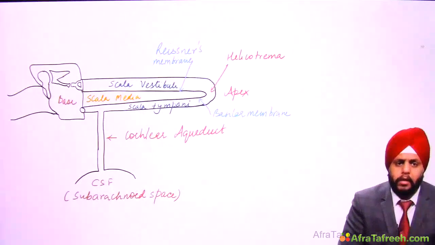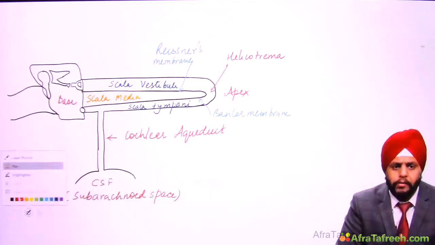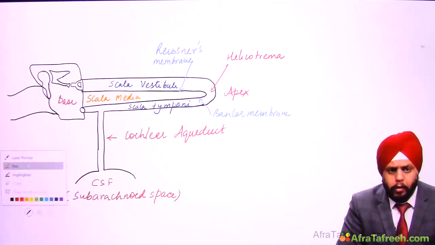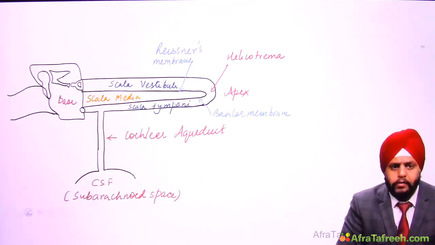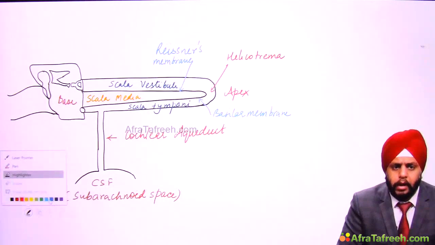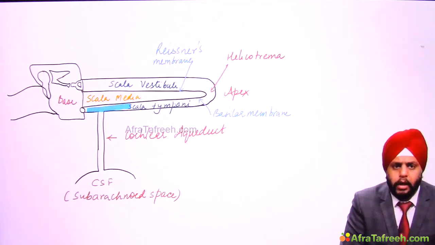So this is a diagram that I've drawn for you guys. So you can replicate this, if you are in undergraduate third prof, you can replicate this in your exam also. So you see we have the scala vestibuli and the scala tympani, they both have the same fluid over here, which I am now marking, that is your perilymph.